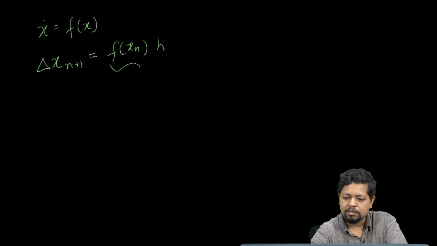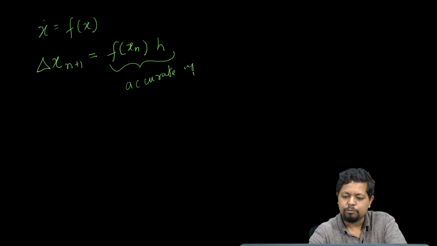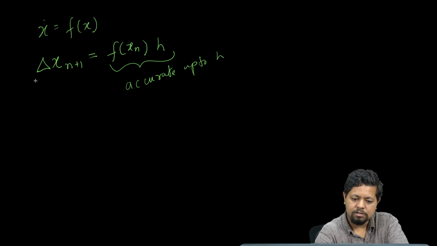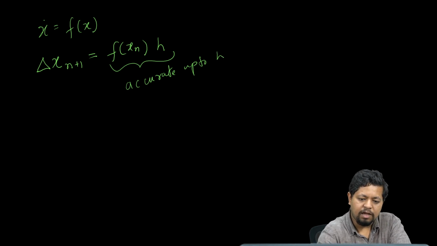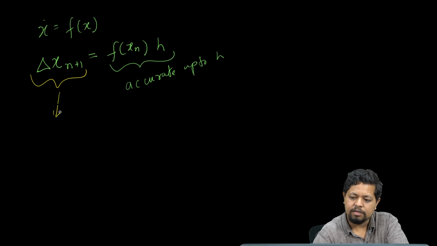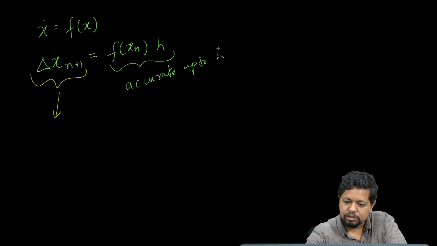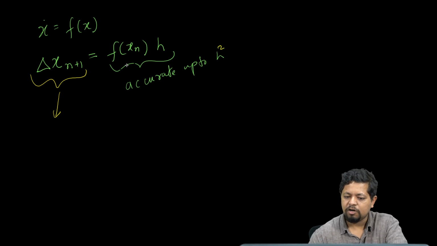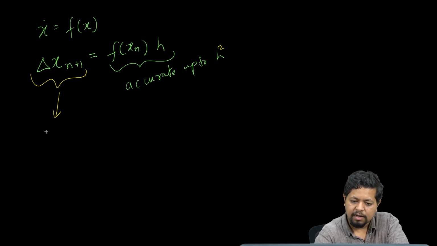So this is accurate up to order h, which means that the correction is accurate to order h square, because this is already order h. So delta x n is correct up to order h square.